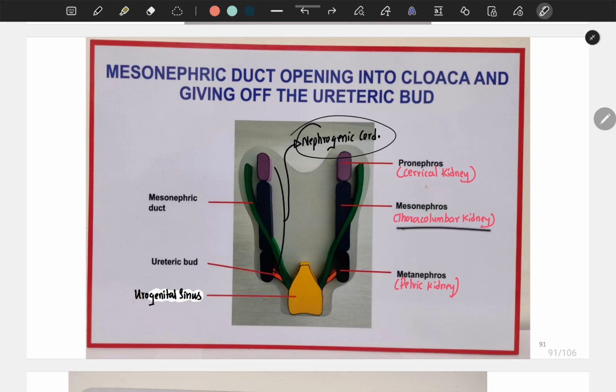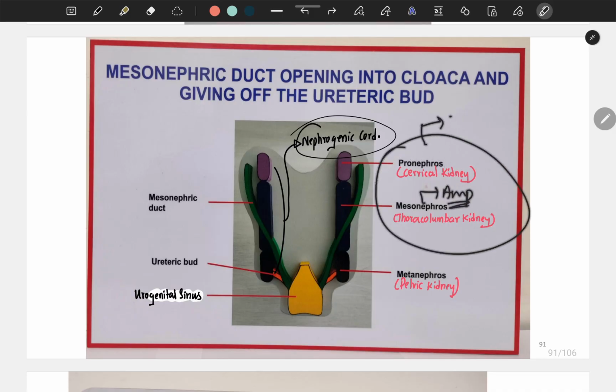Mesonephros is present in the thoracolumbar kidney, present in amphibians. This both fails to develop and regresses in humans, but the pronephros first develops.